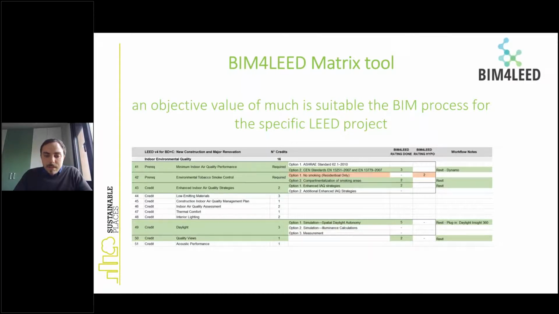The LEED AP, as you said, is the professional who has to decide how many credits it is possible to reach, and what certification is possible to reach, like LEED Gold or LEED Platinum or LEED Silver. And we developed this BIM for LEED metrics, which is a spreadsheet that gives an objective value of how suitable the BIM process is for the specific LEED project.